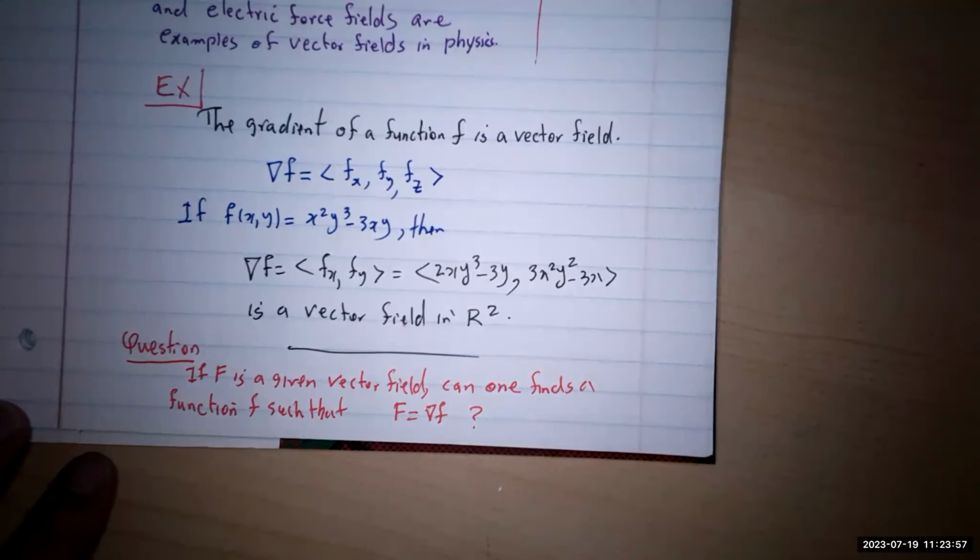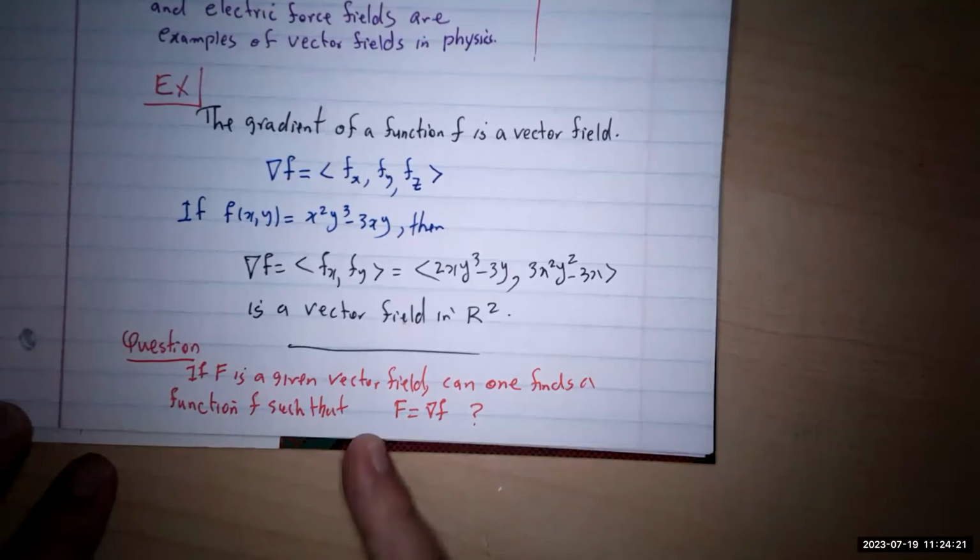Okay, conservative. The first time that you hear conservative, you may think about conserving energy, etc. And then you will see later on that it's not irrelevant. It's very much relevant to those types of ideas in physics. But for the time being, we just borrow the name and then we work on it. Okay, so that's an important question.